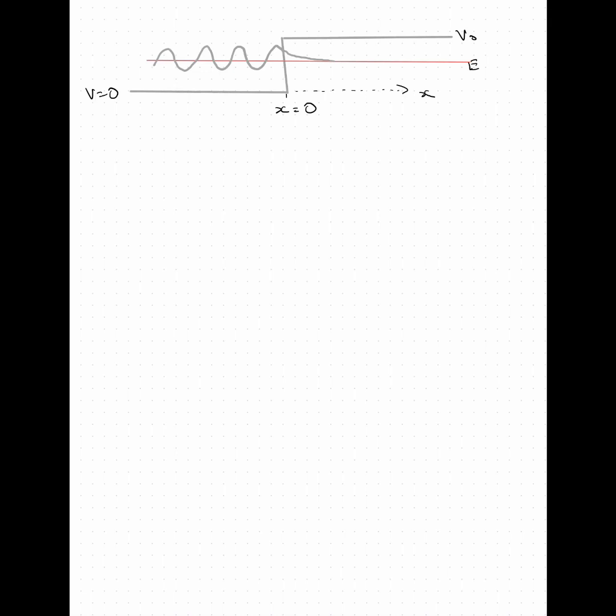But what happens? So far we've talked about E less than V naught. But what happens when E is greater than V naught everywhere?